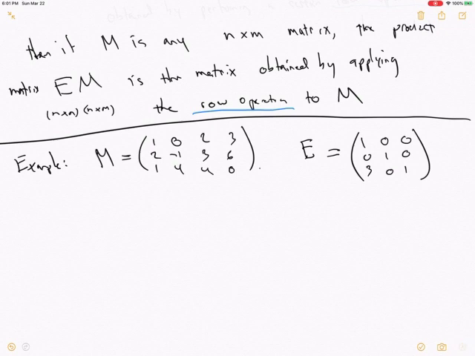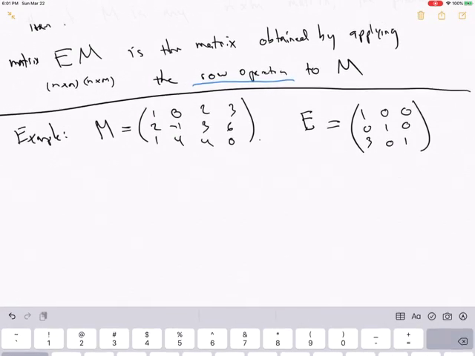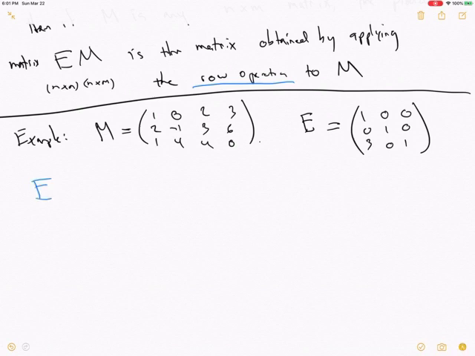So first, let's just observe that E is indeed elementary. Note E corresponds to this certain row operation. The operation is you modify the third row by replacing it by row 3 plus 3R1.